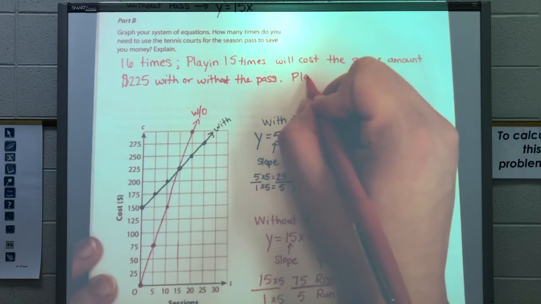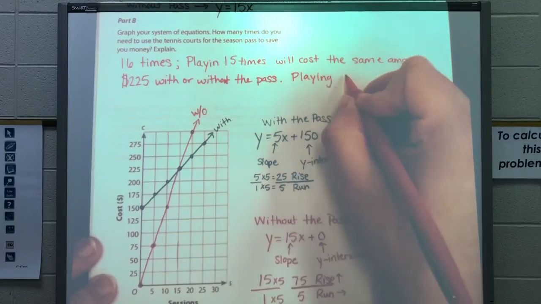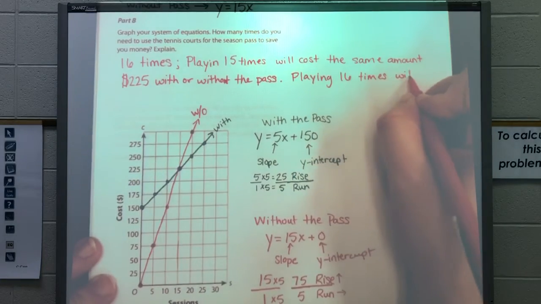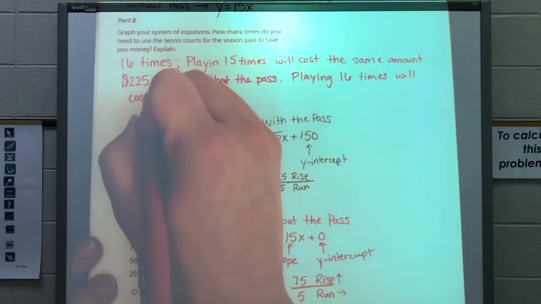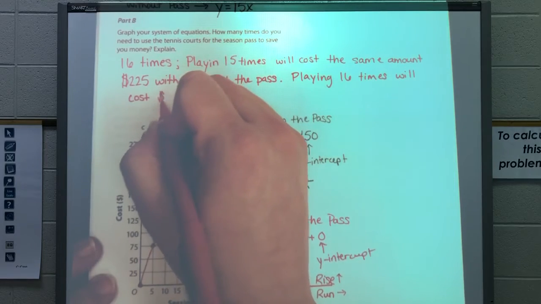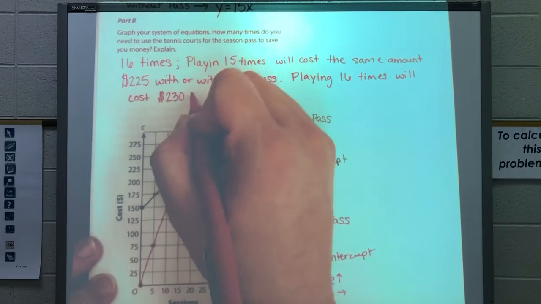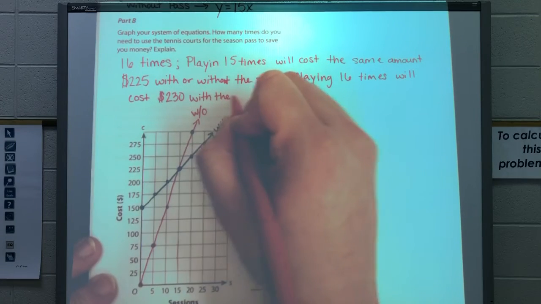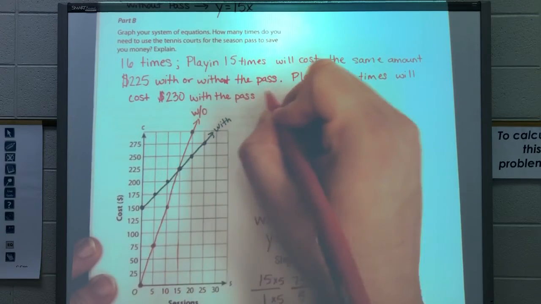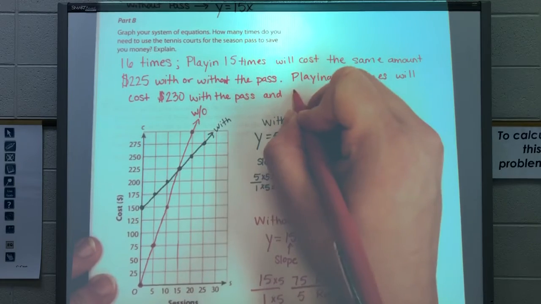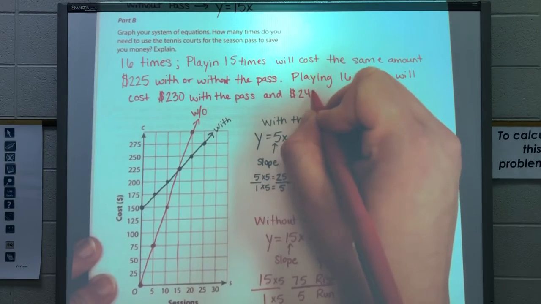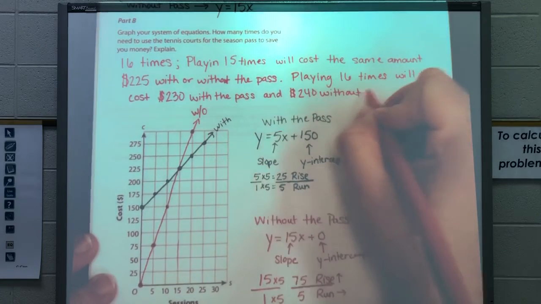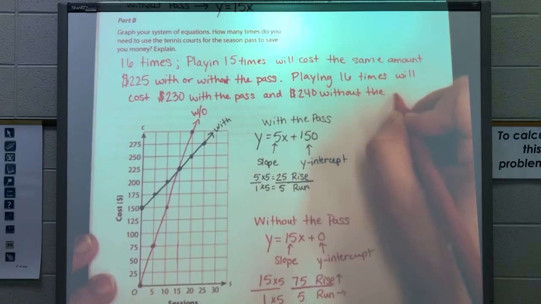Playing 16 times will cost $230 with the pass, and it would cost $240 without the pass.